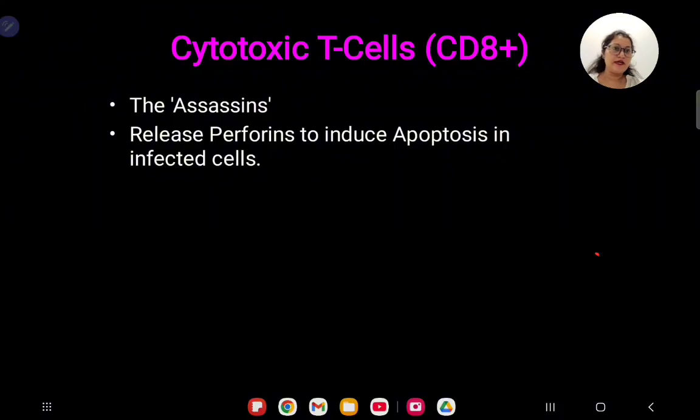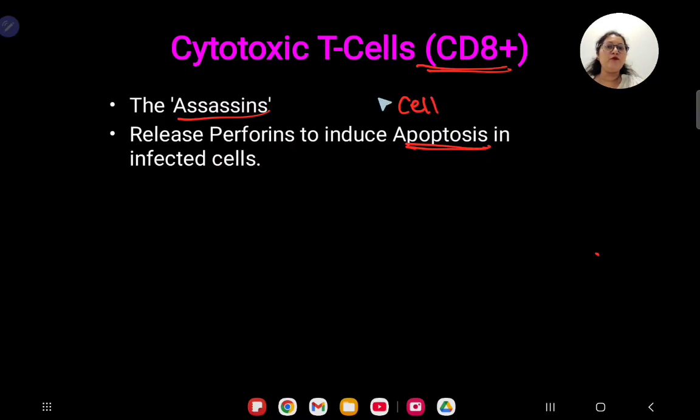Now let's understand how cytotoxic T cells work. Cytotoxic T cells, as we mentioned previously, have CD8 receptors on their cells. They are known as the assassins, meaning their job is to clear out any dead debris or any infected cell in our body, and they do this by apoptosis.